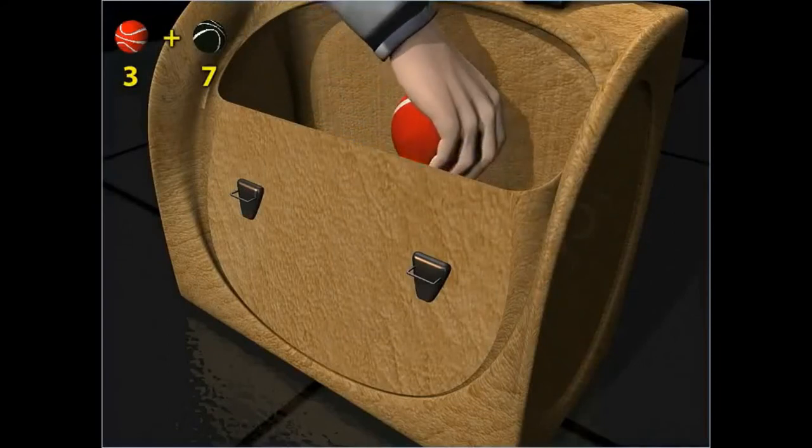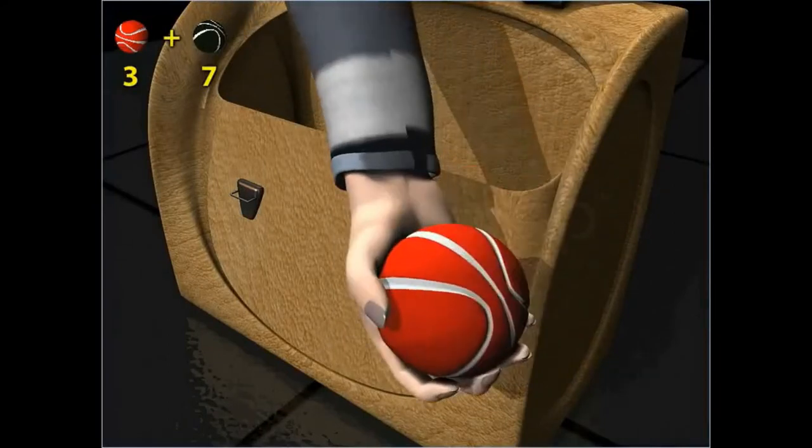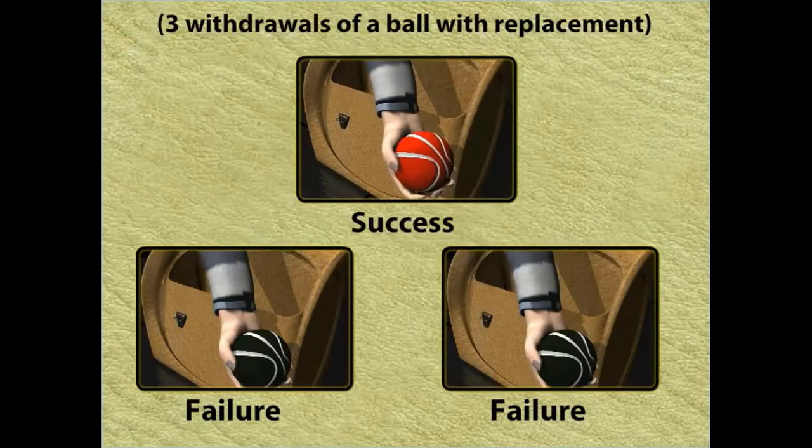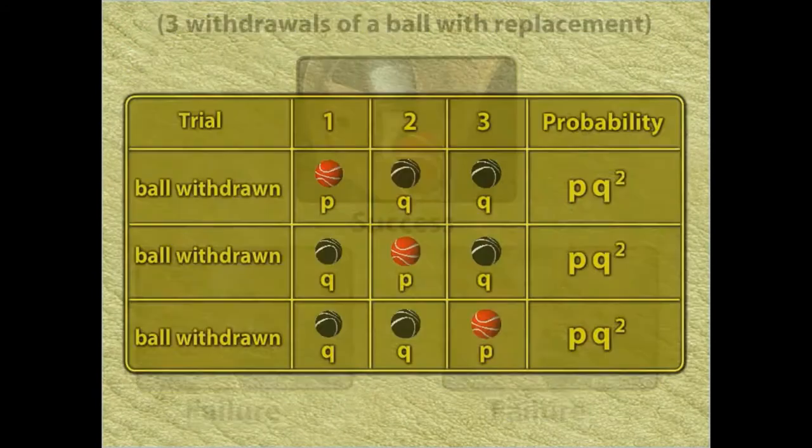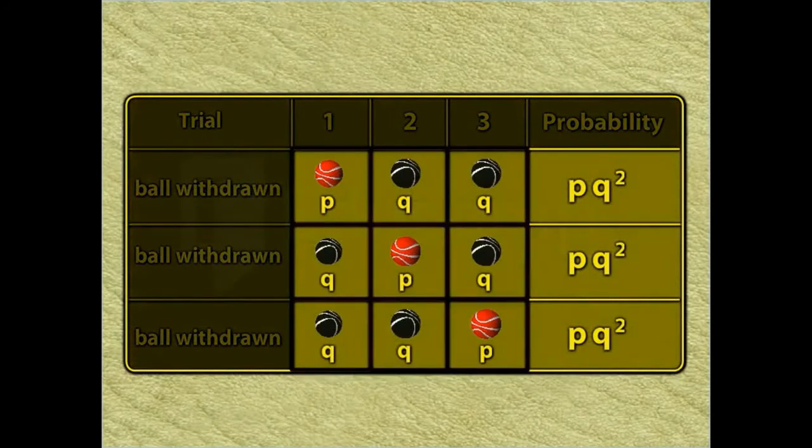Now, in the case of getting 1 success, there will be 2 failures. 1 success and 2 failures can be obtained in 3 combinations.